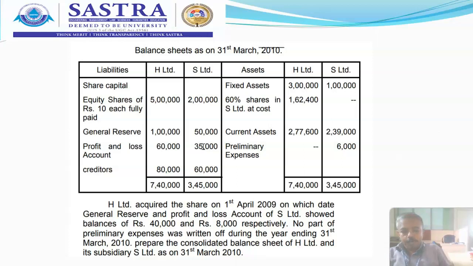We got 42,000 as capital profit. This is the profit gained before the acquisition or as on the date of acquisition. So in this, 60 percentage has to be subtracted as a capital profit.